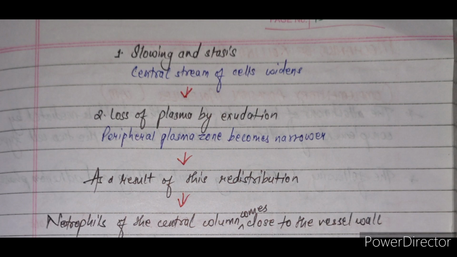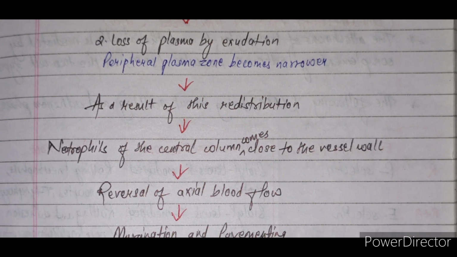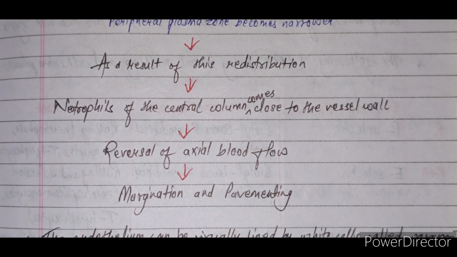So with loss of plasma by exudation, the peripheral plasma zone becomes narrower. As a result of this redistribution, neutrophils of the central column come close to the vessel wall, also known as reversal of axial blood flow, and this process is known as margination and pavementing.